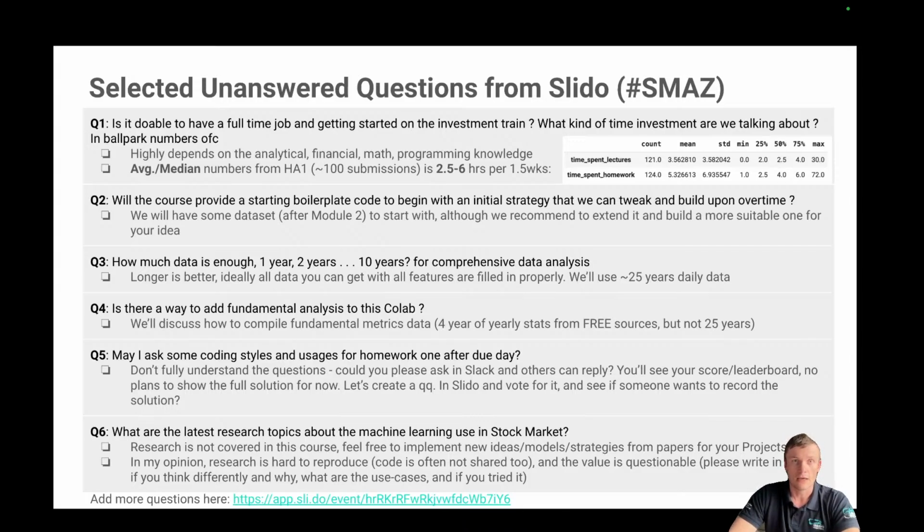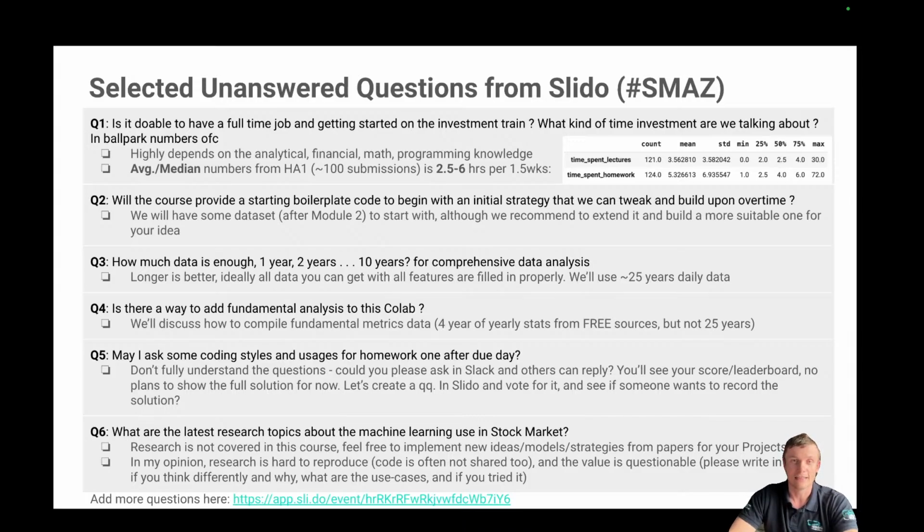Question number 1. Is it doable to have a full-time job and get started on the investment train? What kind of time investment are we talking about in ballpark numbers? It highly depends on the analytical, financial, math, and programming knowledge that you have.